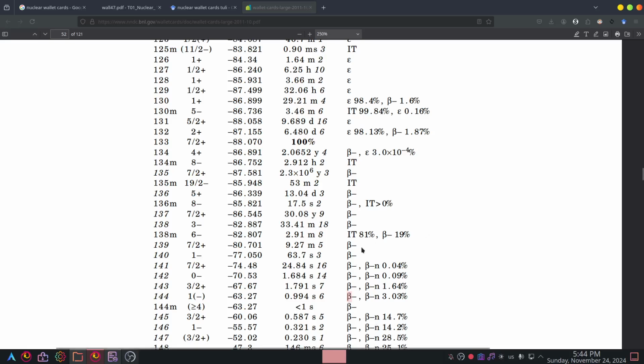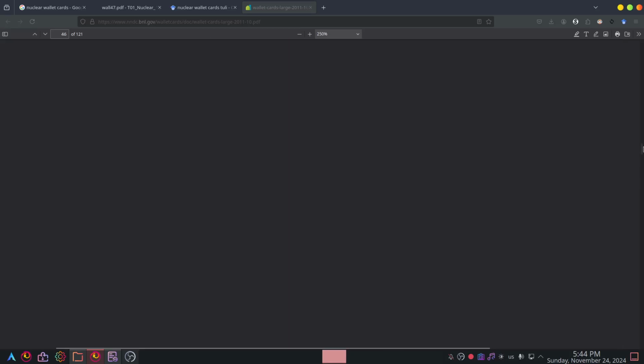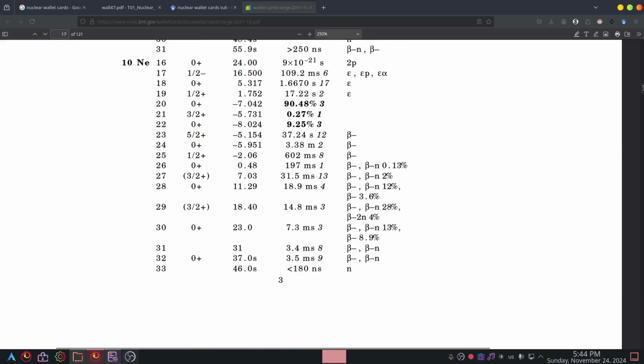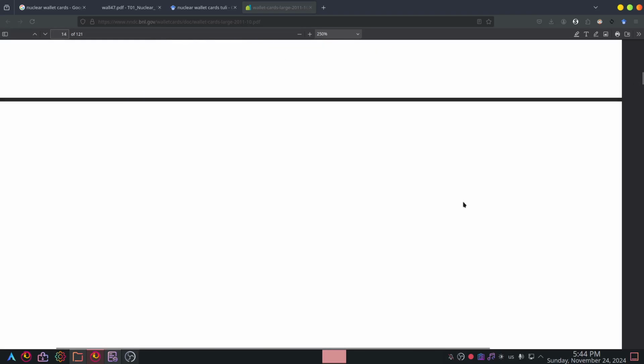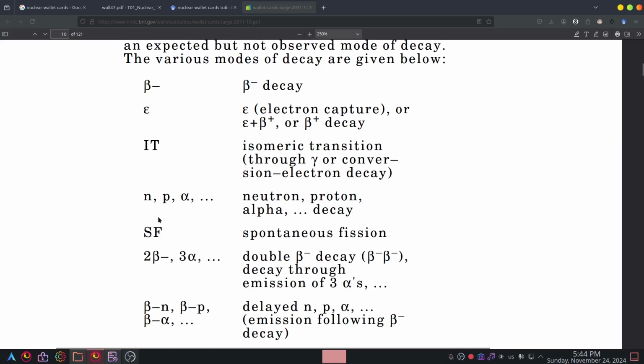Now there are lots of symbols here as to what this beta minus and epsilon mean. You can bring it to the front. Go to the front and you'll see this one. Beta minus here is beta minus decay. Epsilon here is electron capture or electron capture plus beta plus.